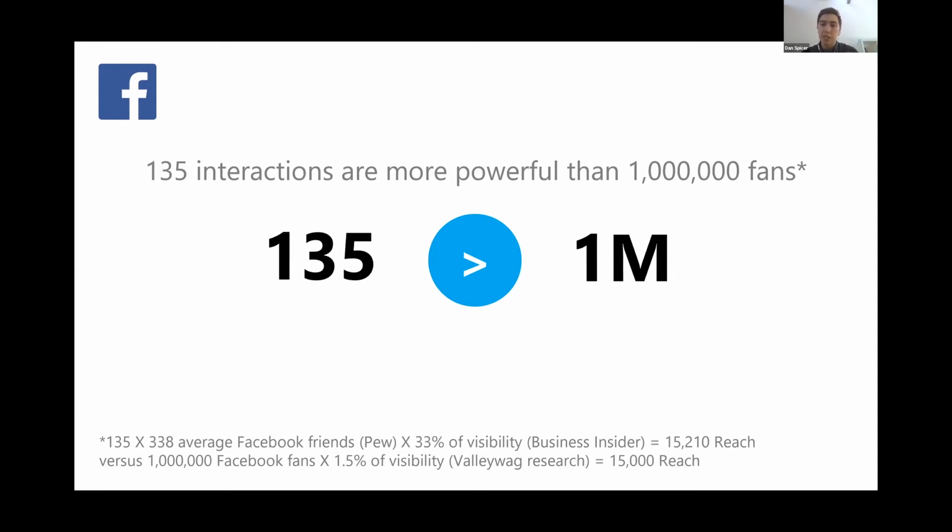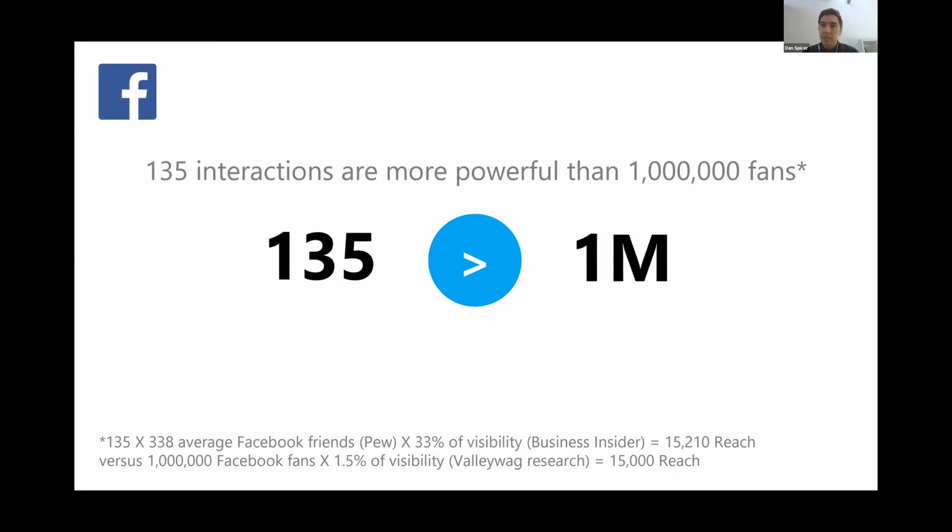On average, that reaches around 135 people every time you like, comment or share. So what that means is if you get 135 people to like or comment on one of your business posts, it actually reaches more people than if you had 1 million Facebook fans.